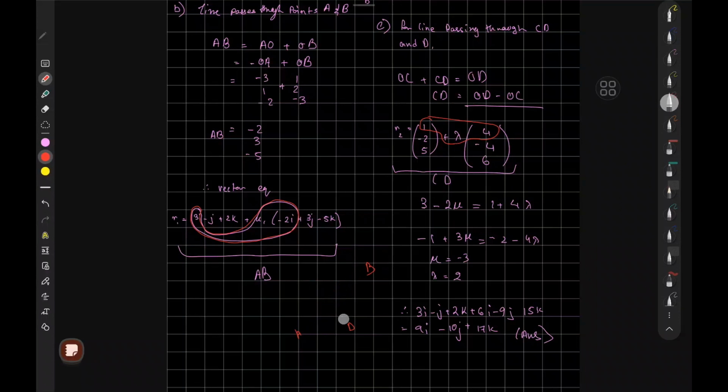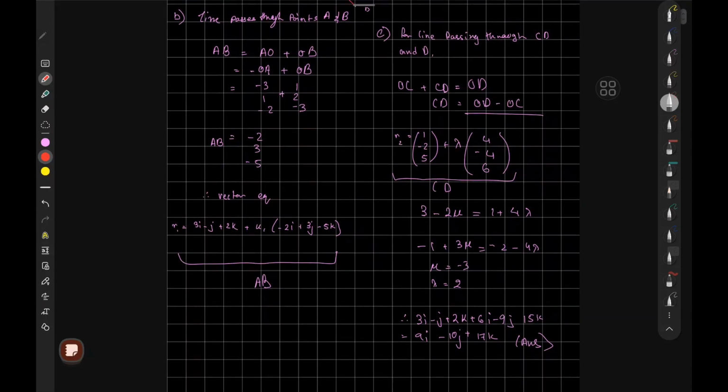This is why we can say 3 minus 2 mu, this magnitude mu, is exactly the same as 1 plus 4 lambda. Great. So you do the same for all of those.